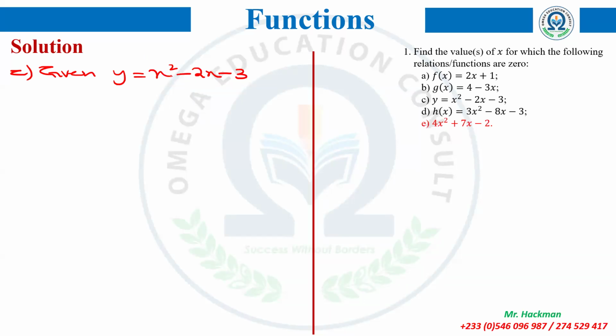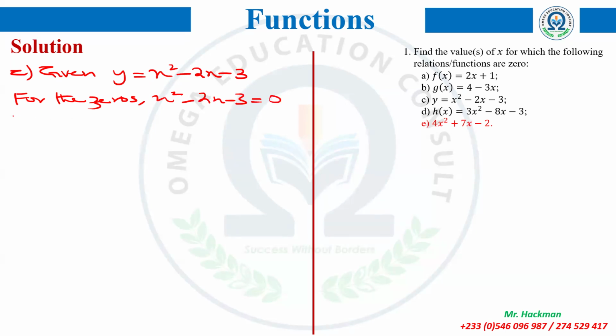So you should know if you equate it to 0, you are going to get a quadratic equation. So at this point, we write for the zeros, you set your function y to 0. In this case, x squared minus 2x minus 3 should be equal to 0.